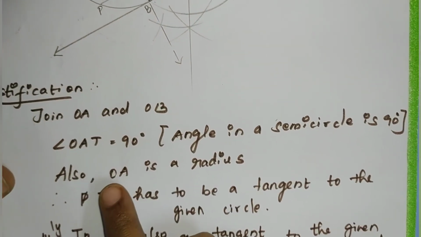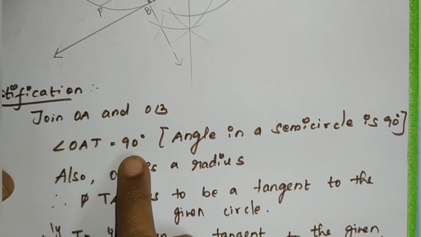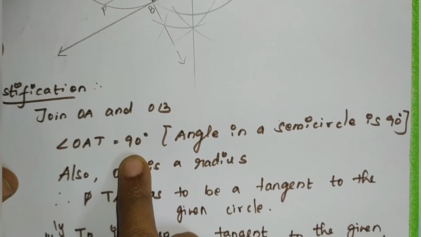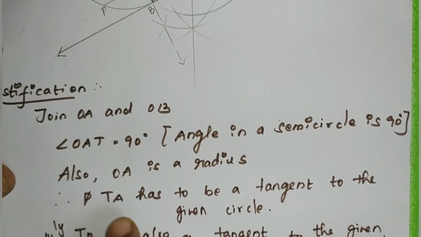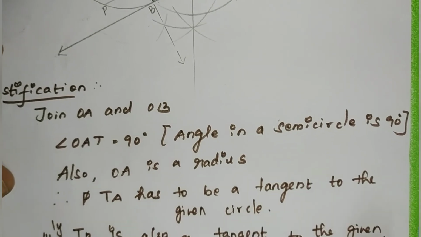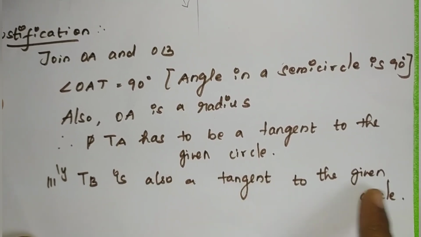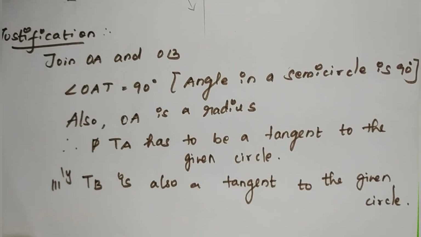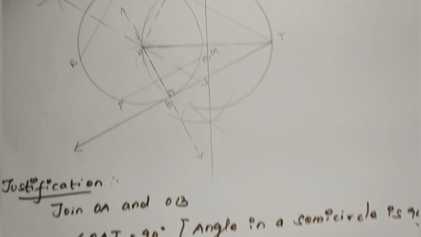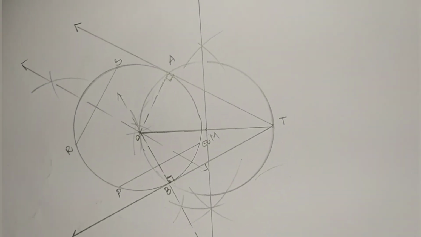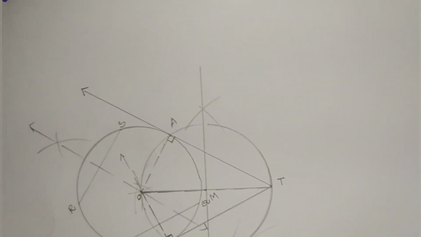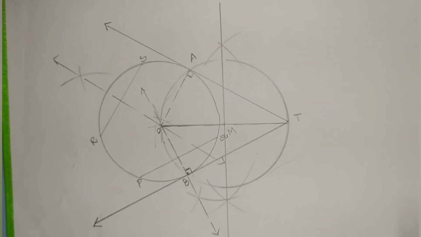Therefore, since OA is a radius and it makes 90 degrees with the line TA, TA is a tangent to the given circle. Similarly, TB is also a tangent to the given circle. This is our justification. Did you all understand the construction, the full exercise 11.2? Thank you.